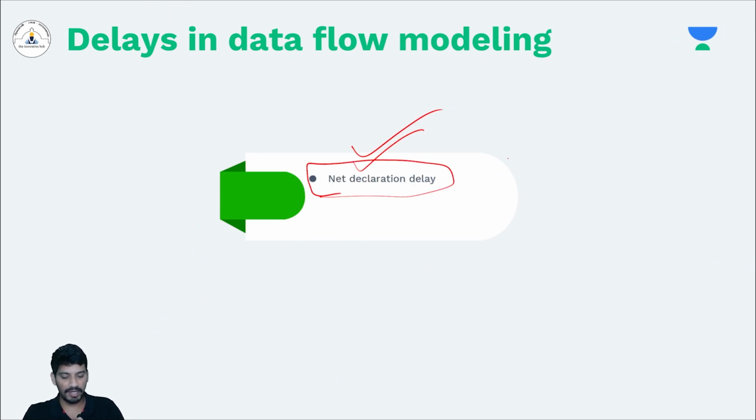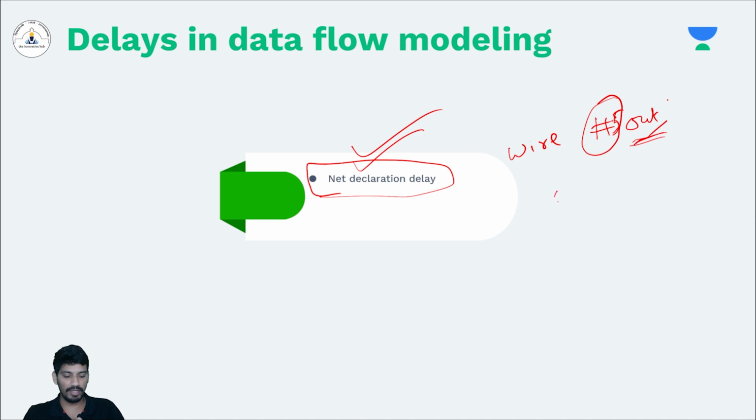Now let's see what net declaration delay is. In net declaration delay, you can directly define the amount of delay that this net is associated with. Let's say this net is associated with 5 nanoseconds. While defining the net itself, you can define the amount of delay that you want on this particular net.